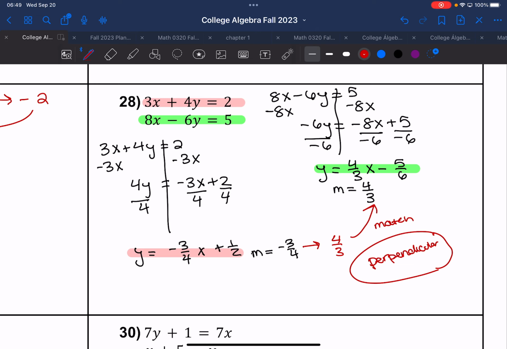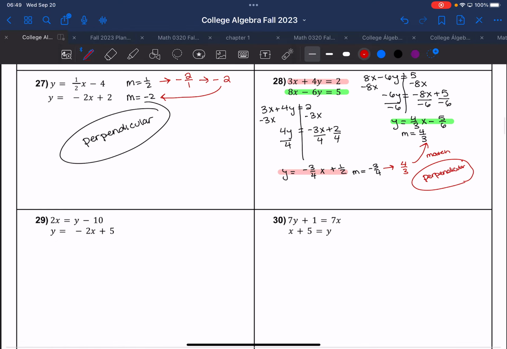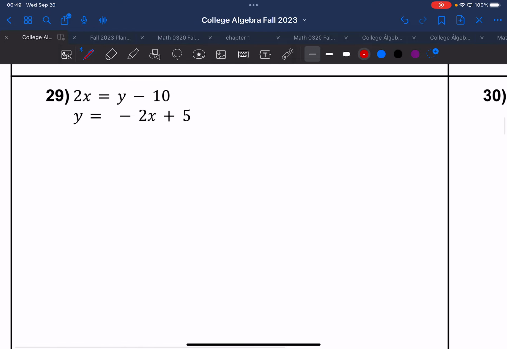Okay, so this one we had extra steps because we had it in standard form and we had to turn it into slope-intercept form. So we might have problems like 29, where one of them is already in the correct form, but one of them is not. Which one is the equation we're going to have to change?